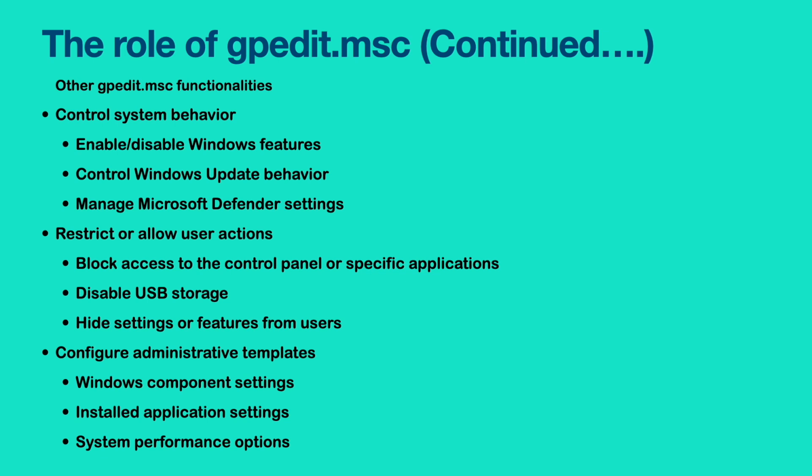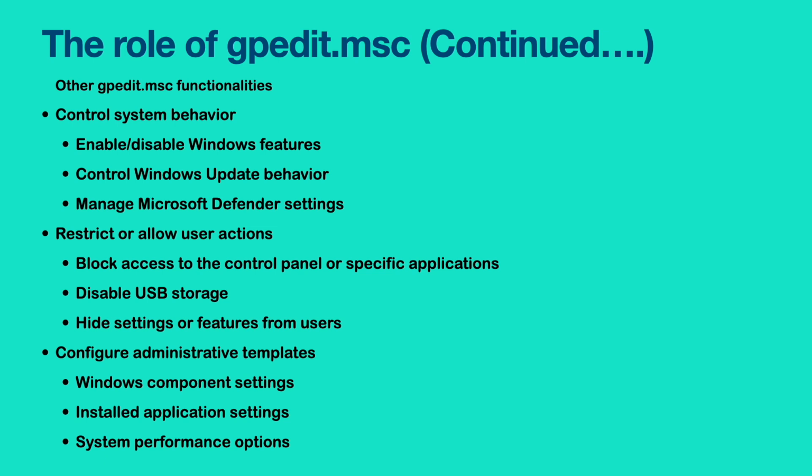And restrict or allow user actions, I consider all of these sub-items as security features, like block access to the control panel, or disable USB storage, meaning that you cannot use the USB of the computer, or hide settings or features from users. It's also related to the security of the computer.